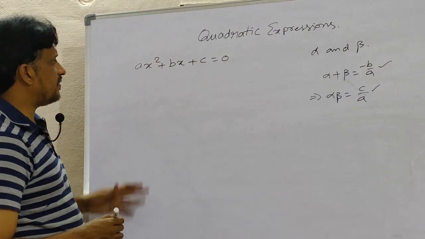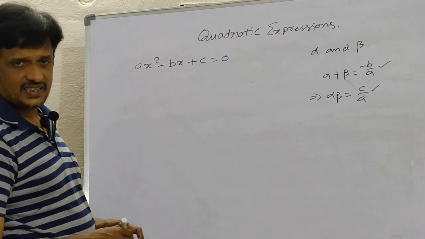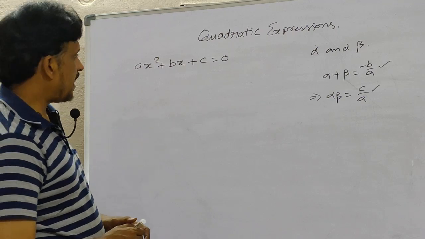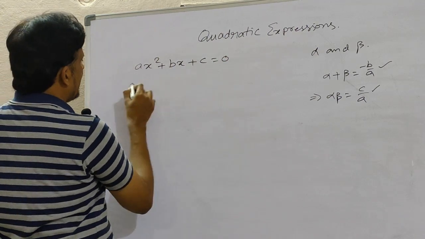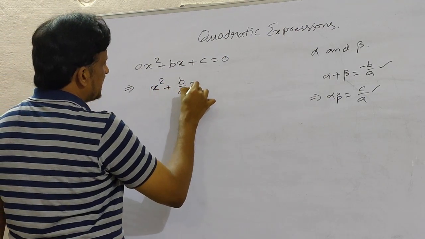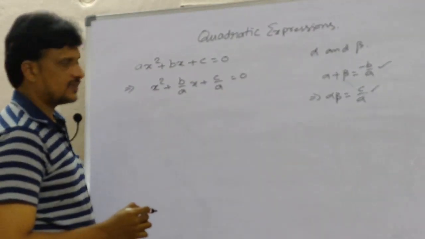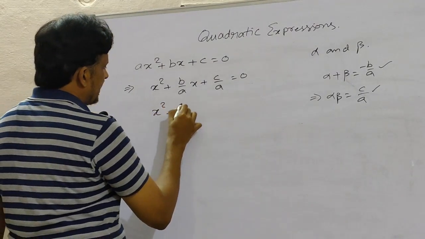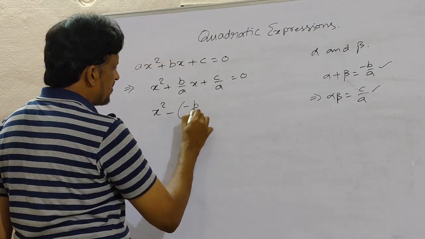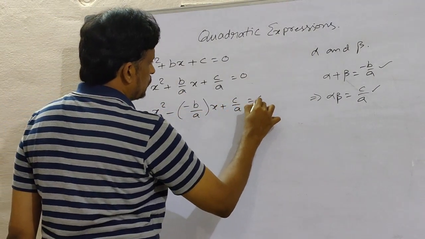so just consider the given equation like this: ax square plus bx plus c is equal to 0. Now if you divide by a, you will get x square plus b by a x plus c by a is equal to 0. So you can write b by a as minus of minus b by a, because minus of minus will be positive only.